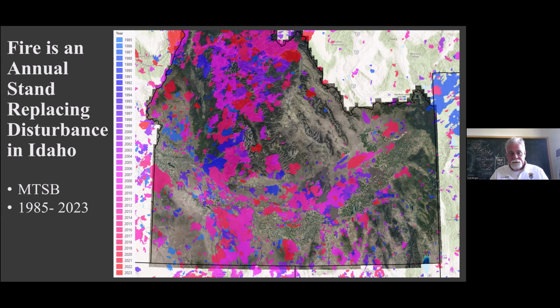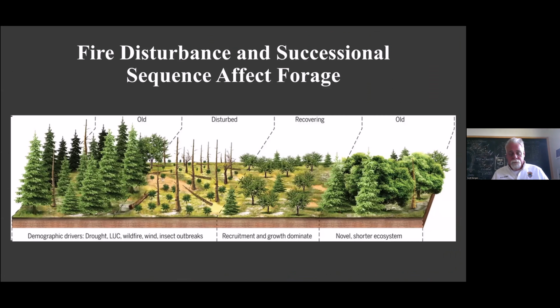And this is pretty important when we start to consider our main subject today, which is mule deer. So they don't necessarily consider these older forests as their best forage. Forage is what's happening below; their forage is accessible up to about 6 to 8 feet, depending if they stand on their hind legs or not.